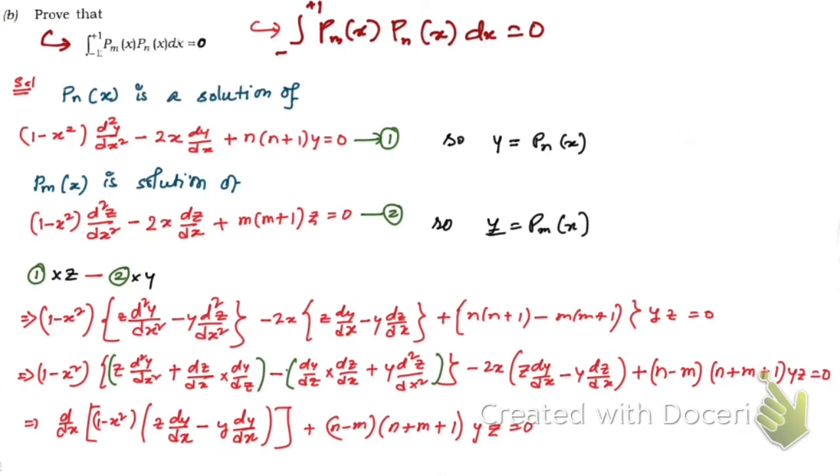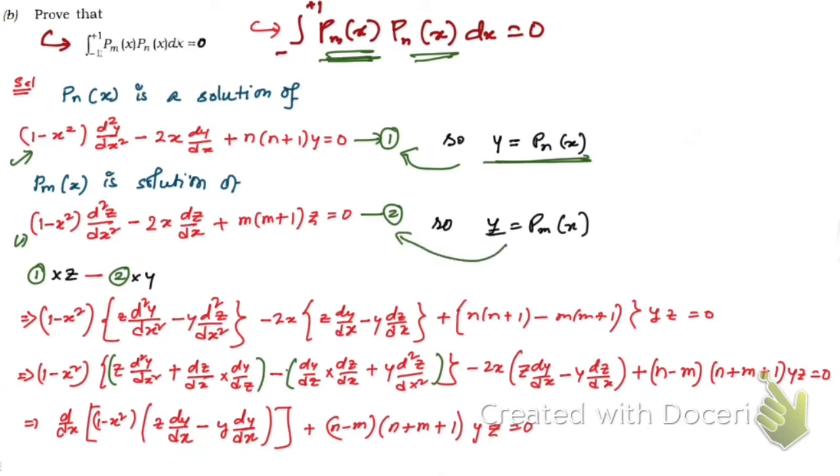In order to prove this, we have taken two Legendre equations for these two Legendre polynomials. We have considered Pn of x as the solution of the first equation, and Pm of x as the solution of the second equation.